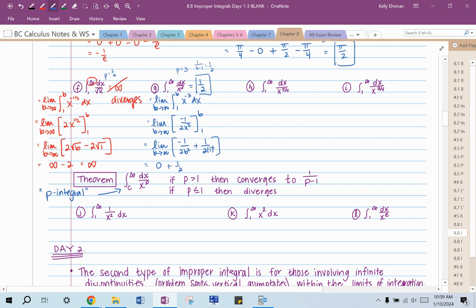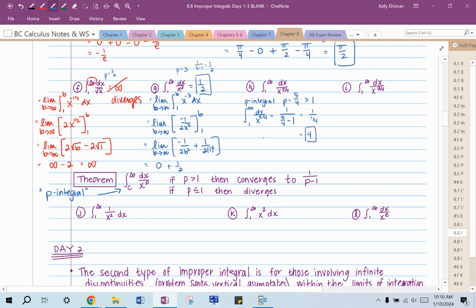So take a look at the next example. This is a p integral. So I would say this is a p integral where p is equal to 5/4. 5/4 is greater than 1. Therefore, the integral from 1 to infinity of dx over x to the 5/4 equals 1 over p minus 1. Well, that's 1 over 1/4. 1 over 1/4 is 4.